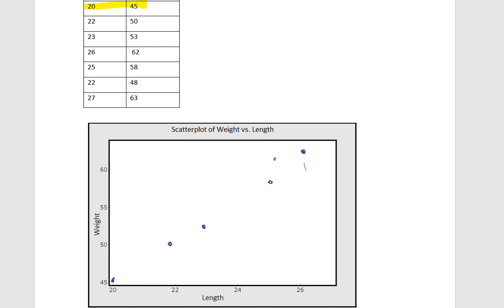Alright, 22, 48 would be just below this one, and 27, 63 would be right here.